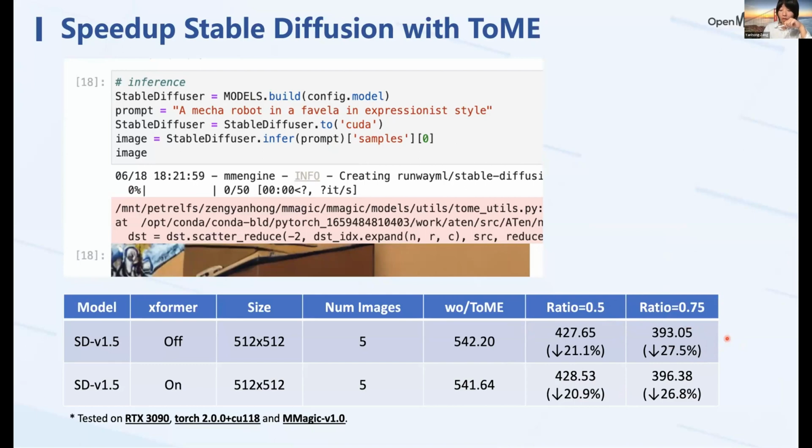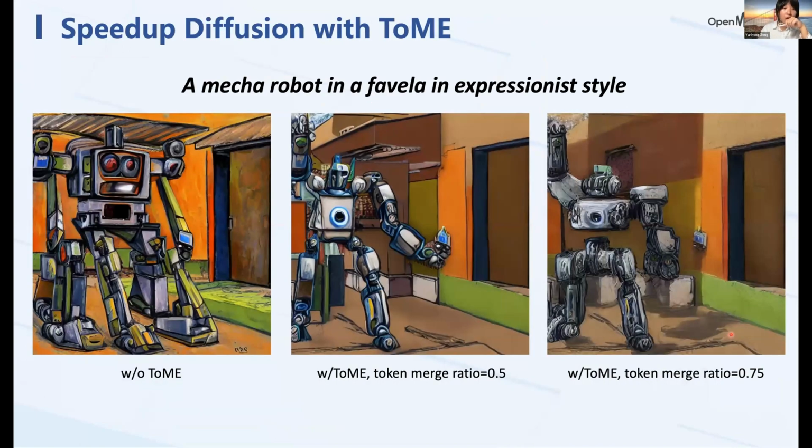There's no free lunch, so the large inference reduction comes from the reduction of performance, and we can see that when we merge more tokens, the image quality will decrease.